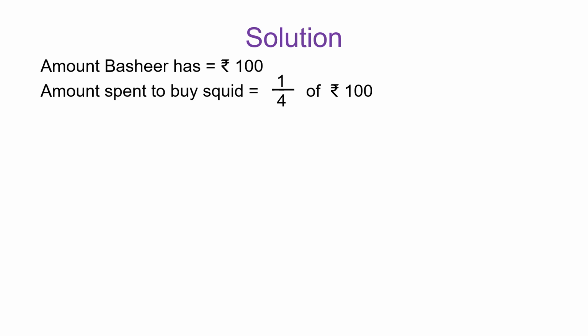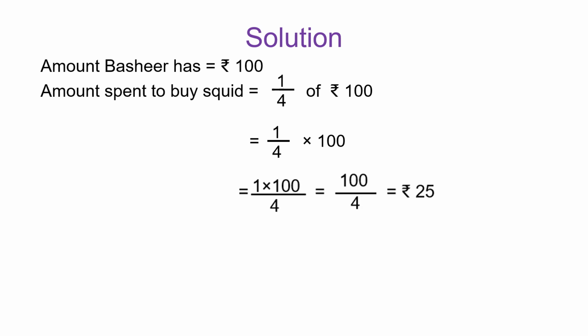Amount spent to buy squid: 1/4 of 100 rupees. Here of means multiplication. That is 1/4 multiplied by 100. Now multiply the numerators: 1 multiplied by 100, divided by 4. 1 multiplied by 100 is 100, because any number multiplied by 1 gives the same number. 100 by 4, that is 25 rupees.